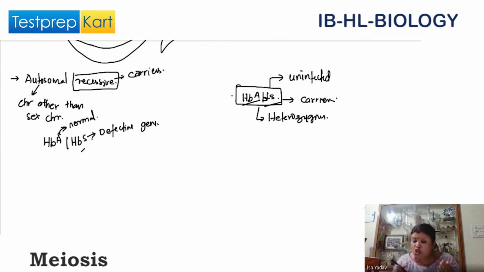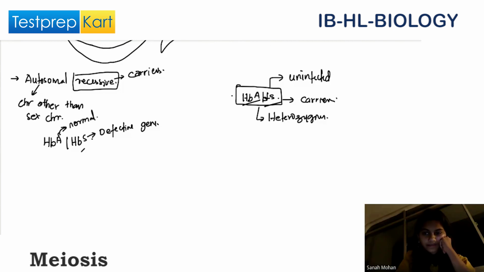They have the defective allele, but only one, so they will not show the disease. Rather, they will pass on this allele to the next generation. Is this point clear?